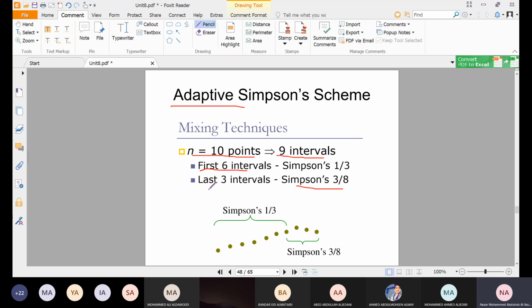This is just for your knowledge. We do not stop here; if you want to enhance the accuracy further, you can go further than what we have.